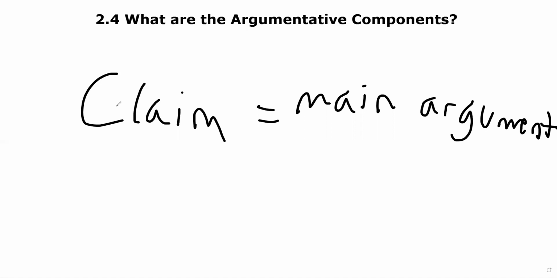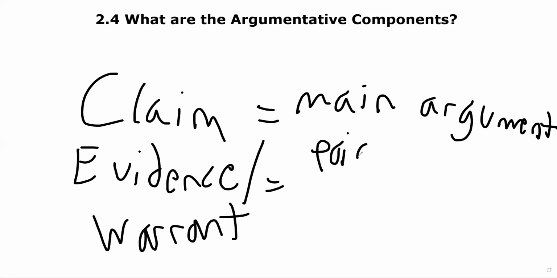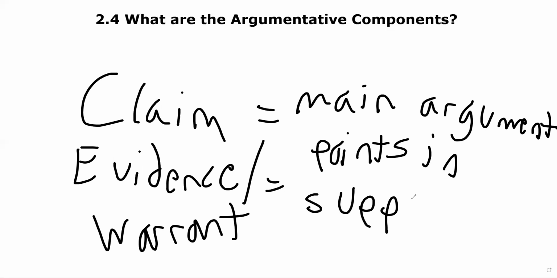Now, evidence or the warrant is obviously the points in support of the claim. And so without evidence, the argument really is toothless. One cannot simply have a claim, right? That would be what we call an empty argument because the argument lacks sufficient evidence to make it compelling or persuasive.